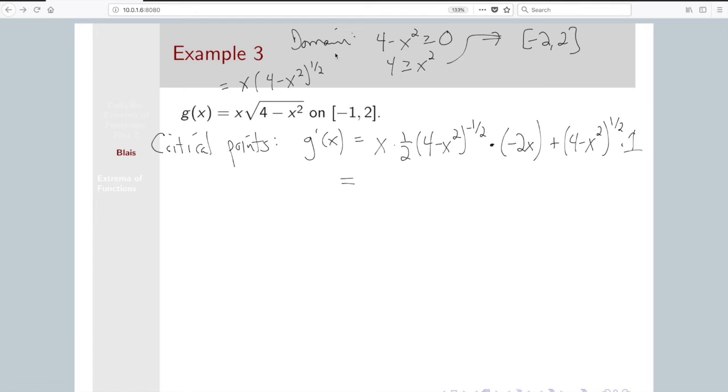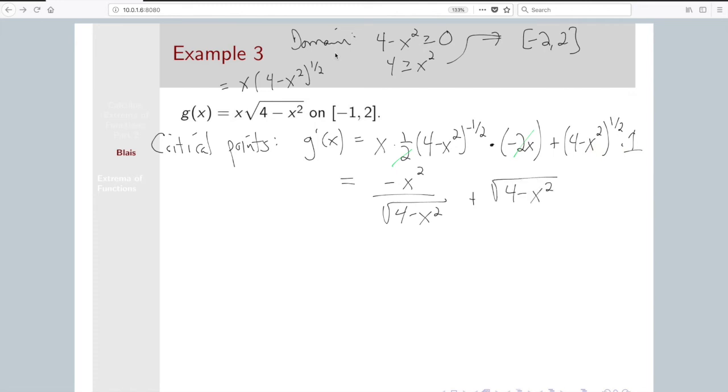If we clean this up a bit, we see this 1/2 and this 2 cancel. Here we have x times negative x, so that gives us a negative x squared, and we can put that root term in the denominator. And for the second term, we have positive root 4 minus x squared.